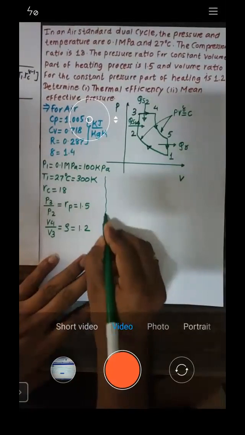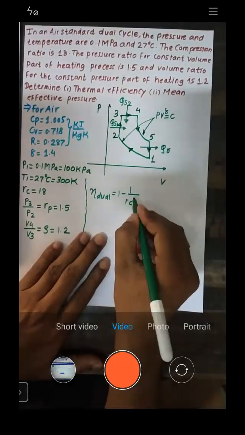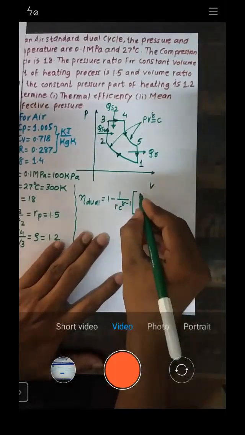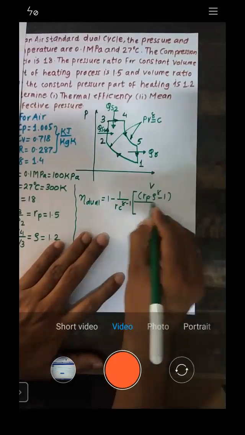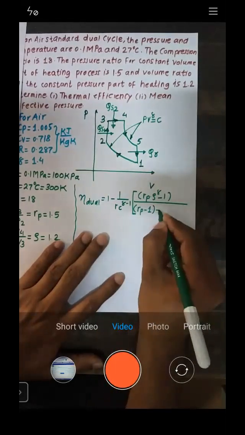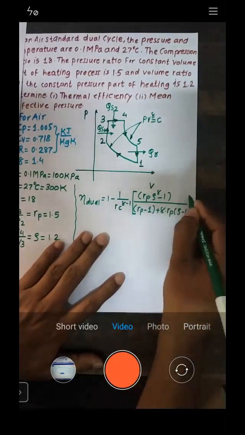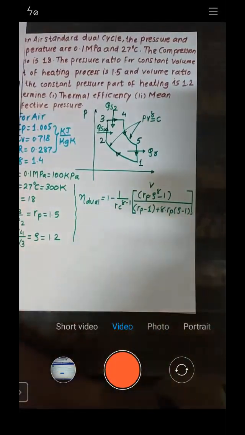For getting the value of thermal efficiency, we already derived the formula for the efficiency of the dual cycle: 1 minus 1 upon RC raised to power gamma minus 1, into bracket, RP into rho raised to power gamma, minus 1, in the denominator, RP minus 1 plus gamma into RP into rho minus 1. So this is the formula we already derived.